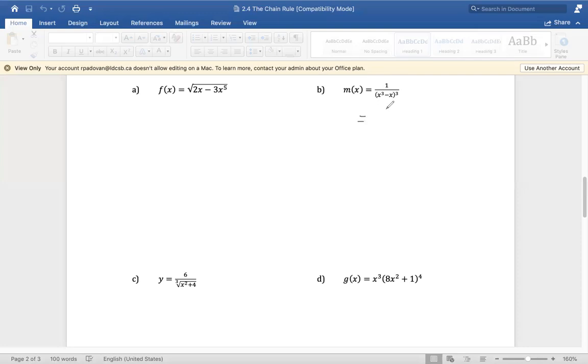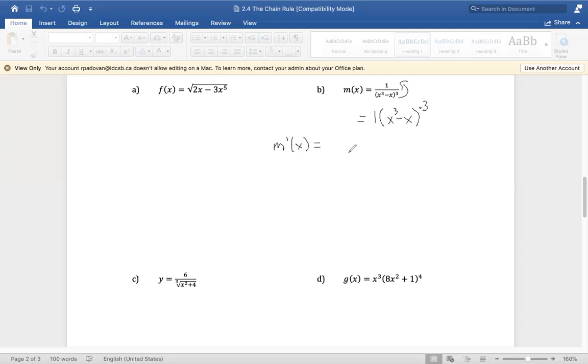I could leave the 1 in front technically, but you don't have to. Then I have the bracket x cubed minus x, and the cubed would now be to the exponent of -3 in the numerator. You need to do that first before you get the derivative of m of x.